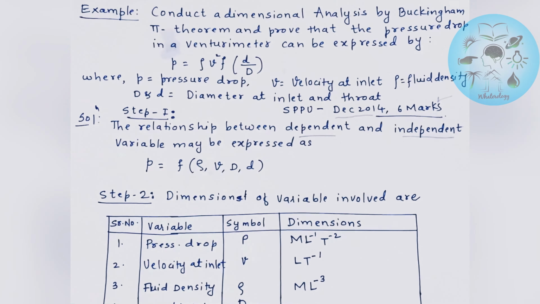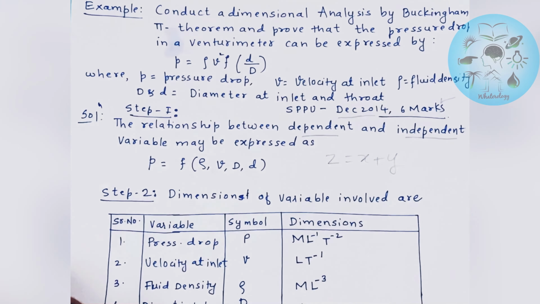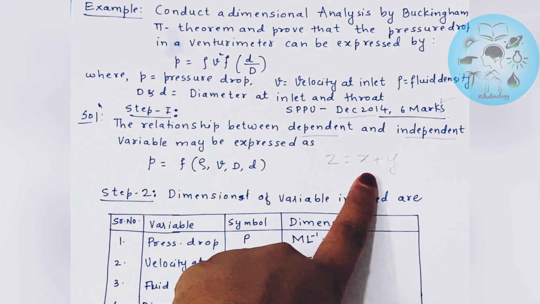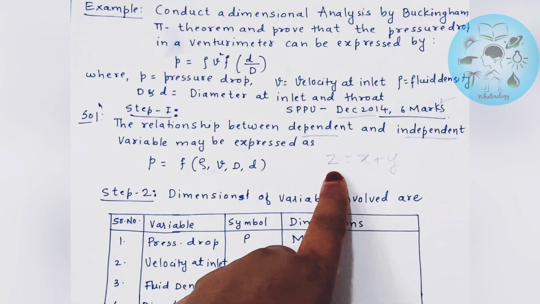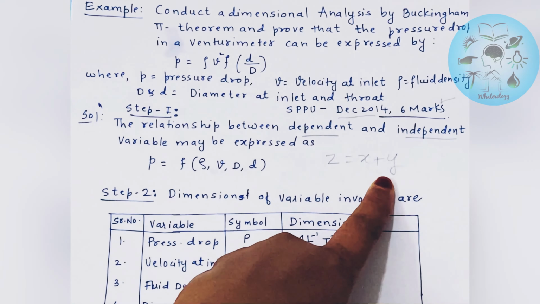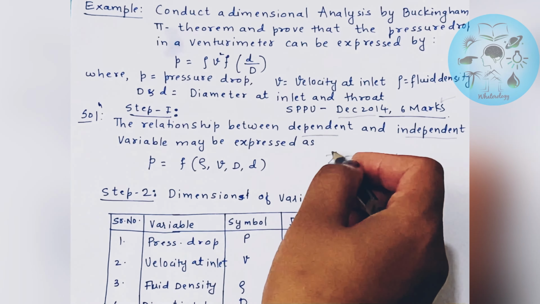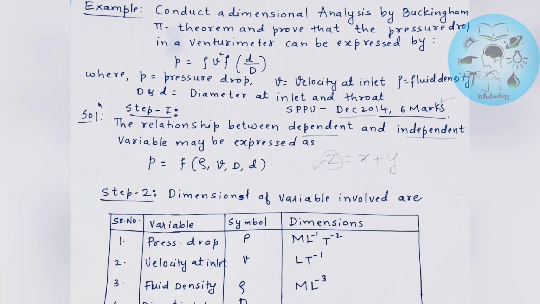For example, z = x + y. The value of z here depends on the value of x as well as the value of y. If you change the value of x, suppose from 2 to 3, the ultimate value of z changes. Similarly, if you change the value of y, the value of z changes. So z is dependent on x and y. We call z a dependent variable, whereas x and y are independent variables.